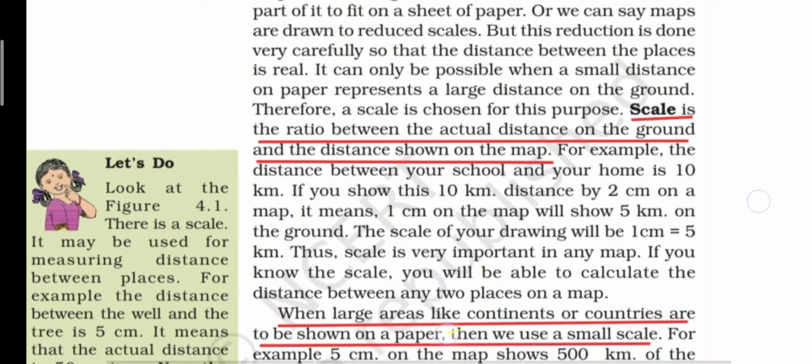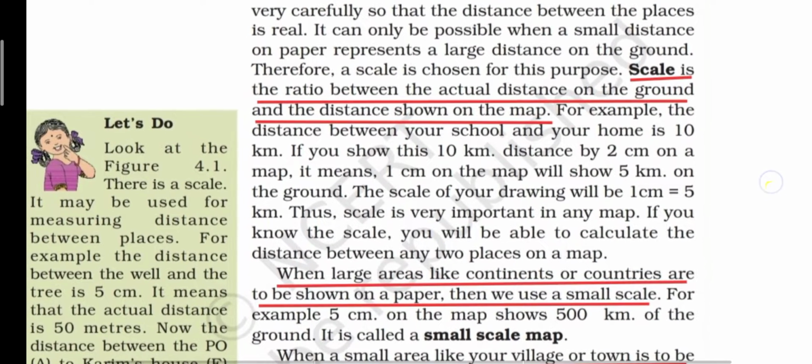Now, what is a scale? A scale is the ratio between the actual distance on the ground and the distance shown on the map. So this is the definition of a scale, that the scale is a ratio. Now, here an example is given that the distance between your school and your home is 10 kilometers.